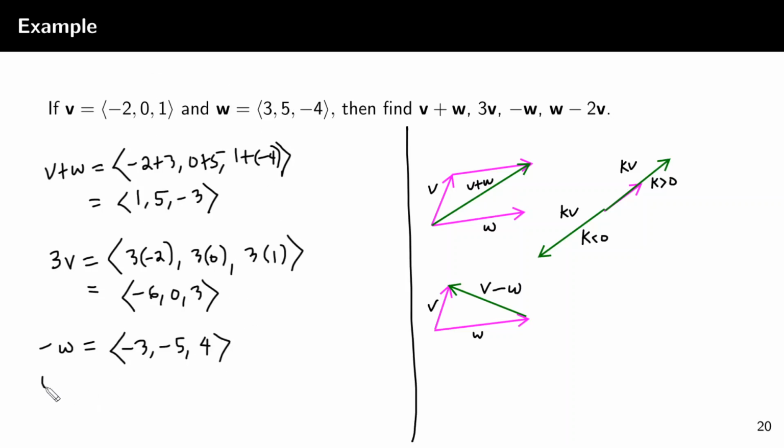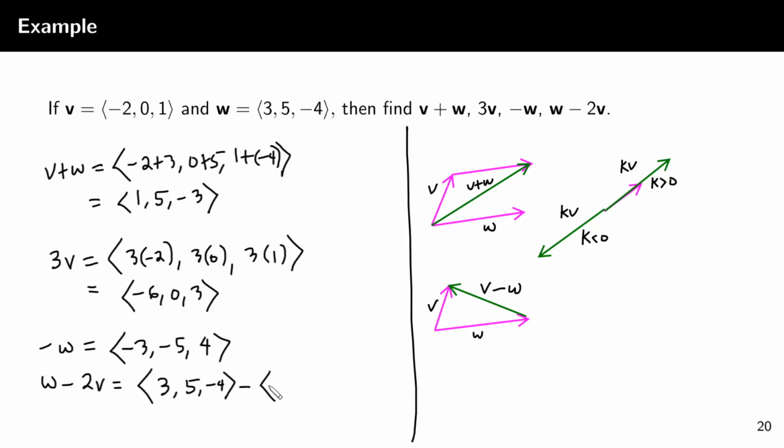Now let's compute W minus 2V. Okay. We're subtracting from W 2 times the vector V. So ito ngayon yung components ng W. Sulat muna natin. And then minus the components of 2V.